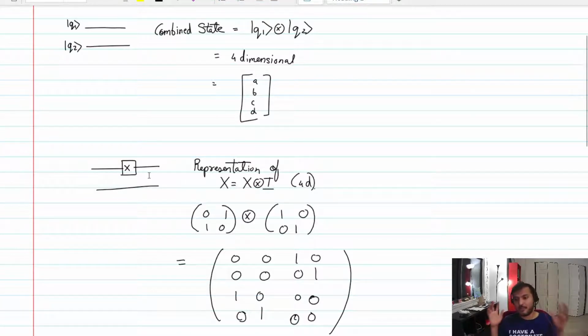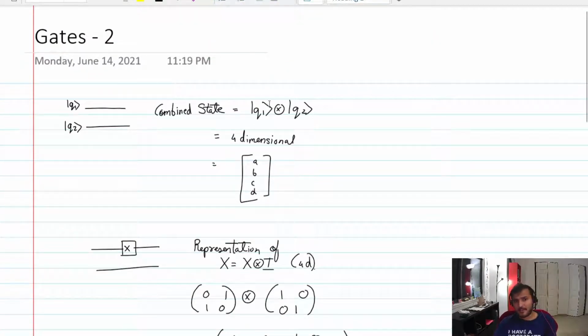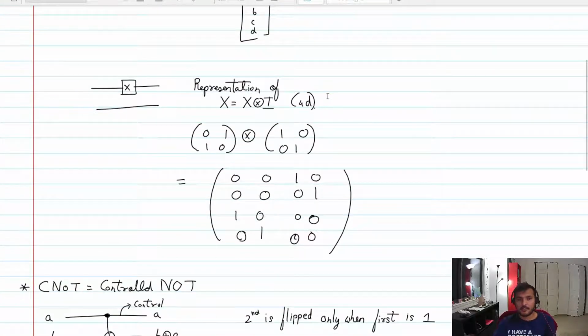It has to be a four-dimensional square matrix, and it only flips the first qubit. So the way you represent that is, again, as we saw, combined state is first outer product second one. Here you are only flipping the first state. That's why X is acting on the first one, and then I have an outer product with identity. Identity means you keep the state as is. You multiply the state by an identity matrix and it stays the same.